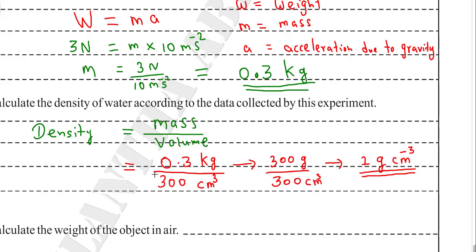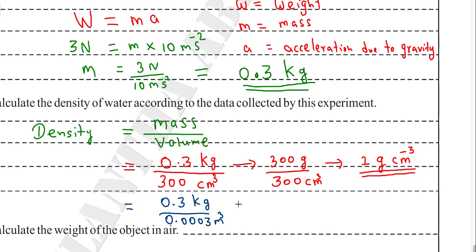Like that I can show you. 0.3 kilograms divided by, in that case, if you convert the 300 cubic centimeters into cubic meters, 0.0003 cubic meters, right?